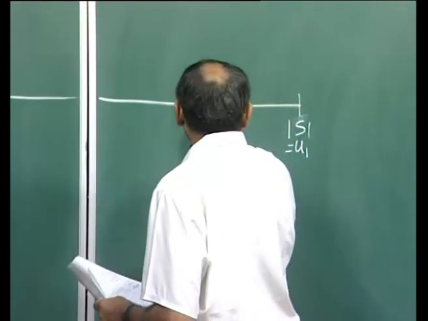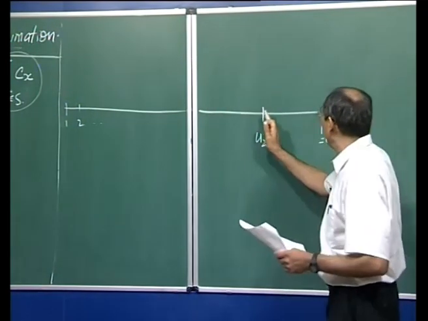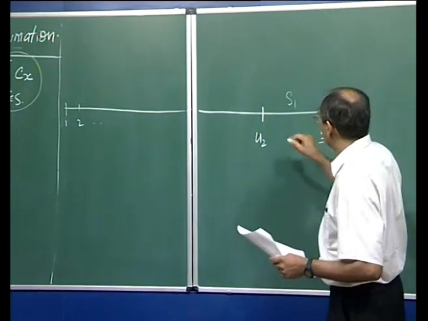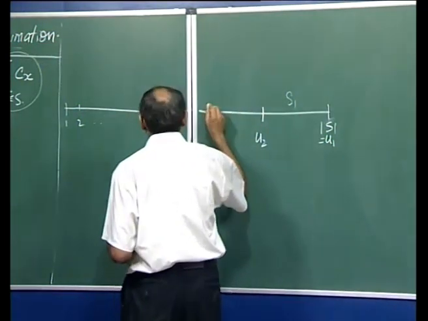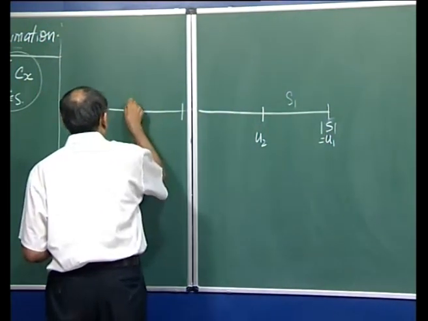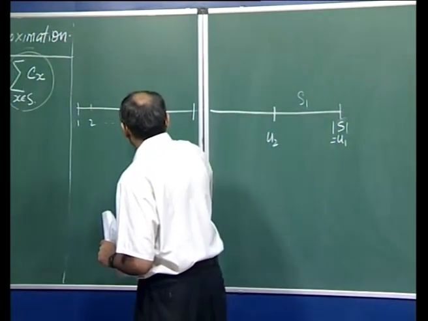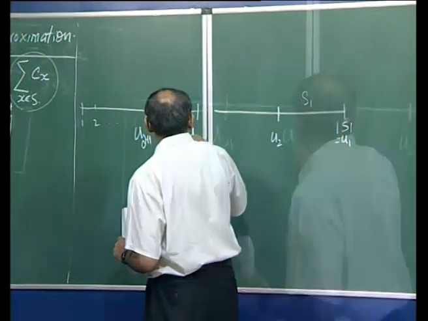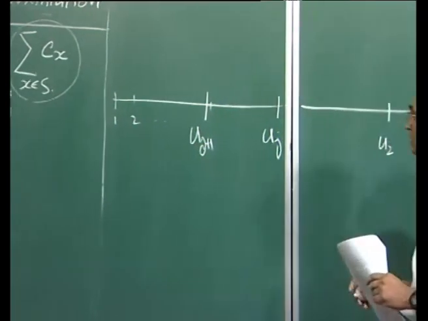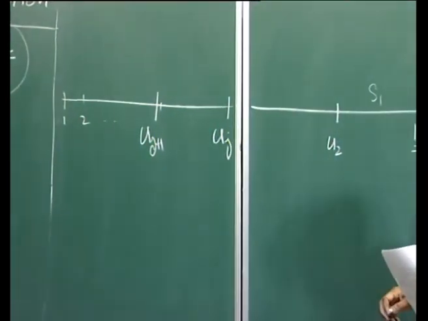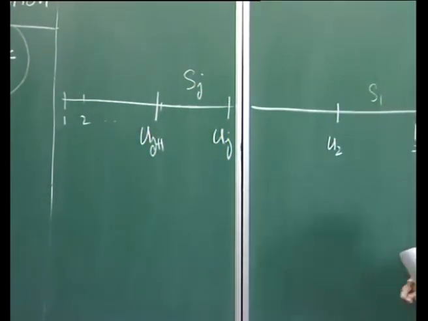Then at some point here this is U2. These were covered by S1, this was S2 and so on. Somewhere over here we have U_(j+1) and here it is U_j. So, the elements up to this were covered by S_j.